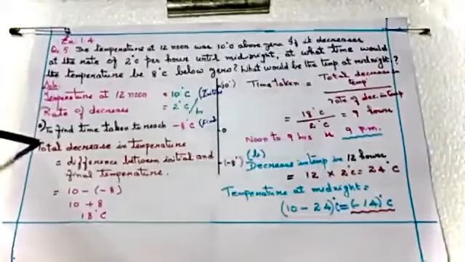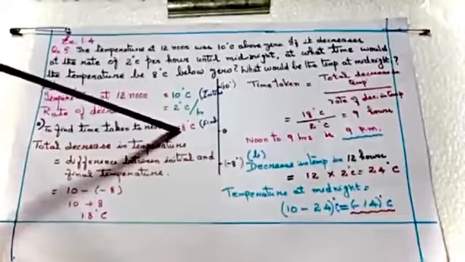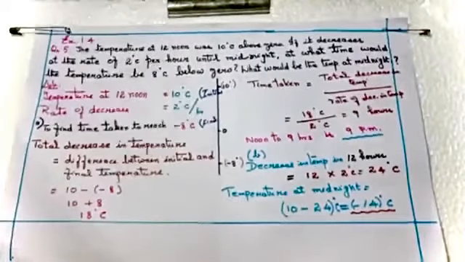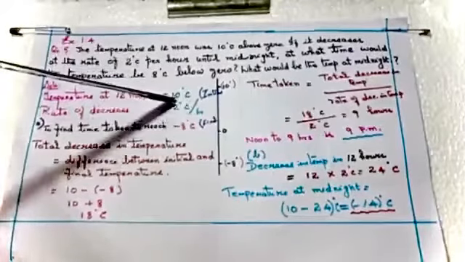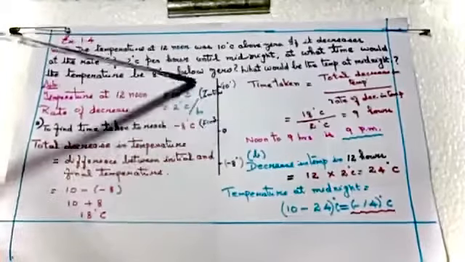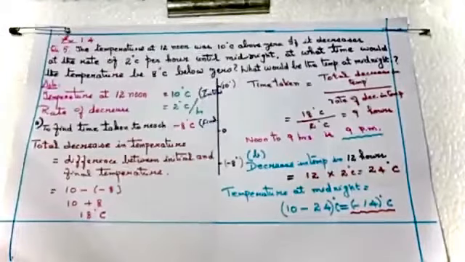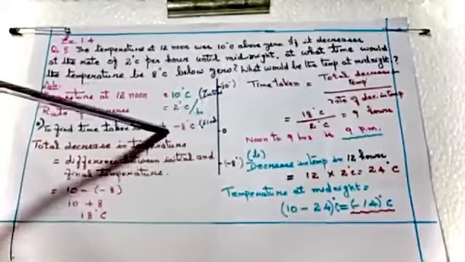For the first one, we should find the time taken to reach minus 8 degrees Celsius. Here we can consider the temperature at 12 noon, that is 10 degrees Celsius. It is given above zero, so it is positive as the initial temperature. And we want the final to be minus 8 degrees Celsius.